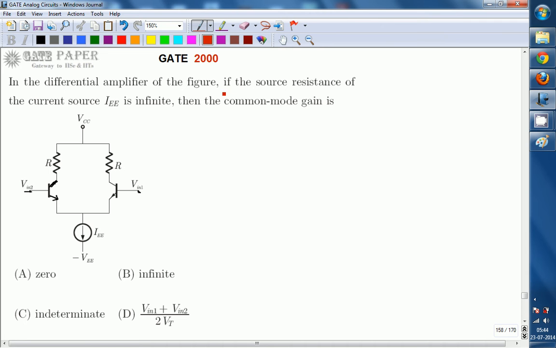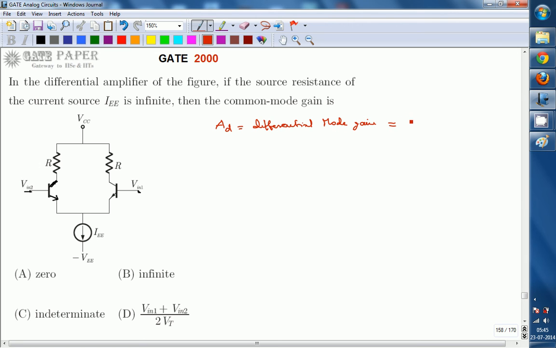If we derive the equations using the small signal model, the differential mode gain AD is the gain provided by the differential amplifier for the difference input signal.